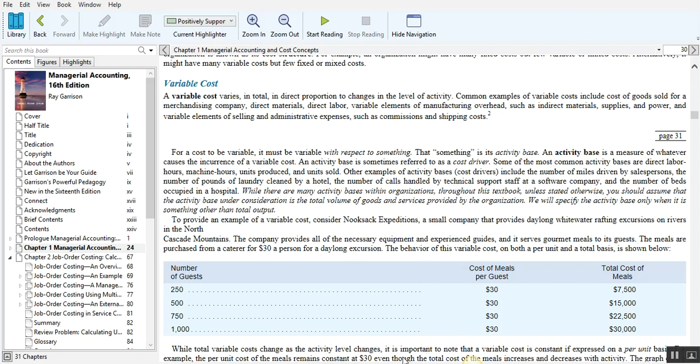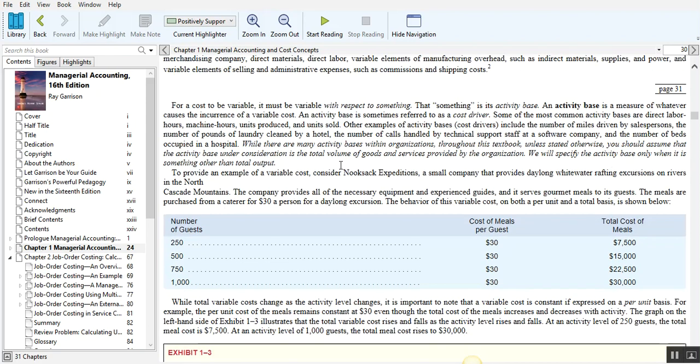So if we increase our activity in manufacturing, we're going to increase our use of electricity resources. That would be a variable cost. And it changes. It's variable in relationship to something else.